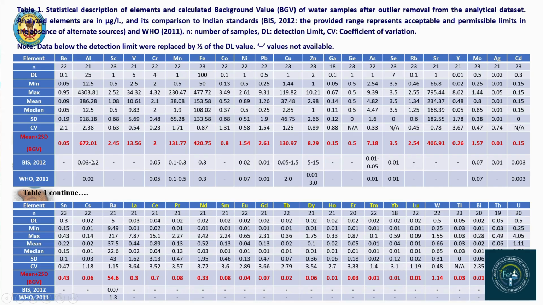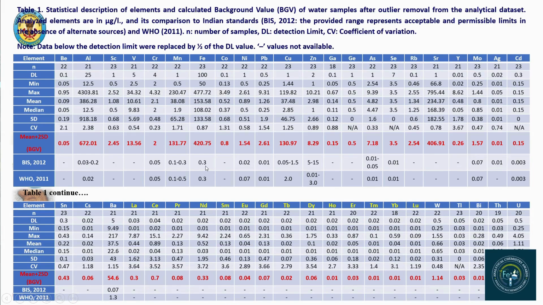The permissible limit for aluminium is fixed at 0.3 to 0.2, but we are getting higher values: BG value 672, going up to a maximum of 4303, and the mean is 366. Iron is 420, which is also a higher value.